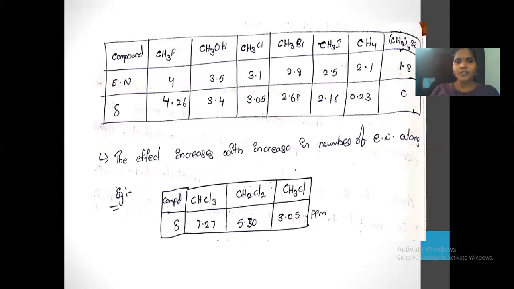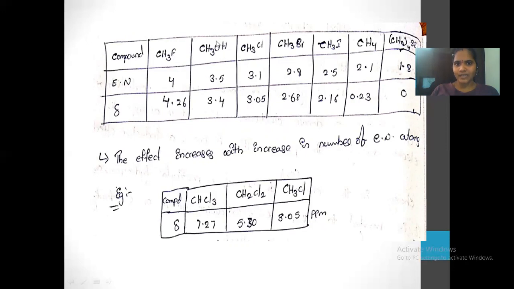And depending on the number of such groups, or depending on the electronegativity of a particular functional group, the delta value also varies. I took an example here with electron withdrawing groups. As fluorine is attached to the CH3 group, fluorine has the highest electronegativity and its delta value is 4.26.